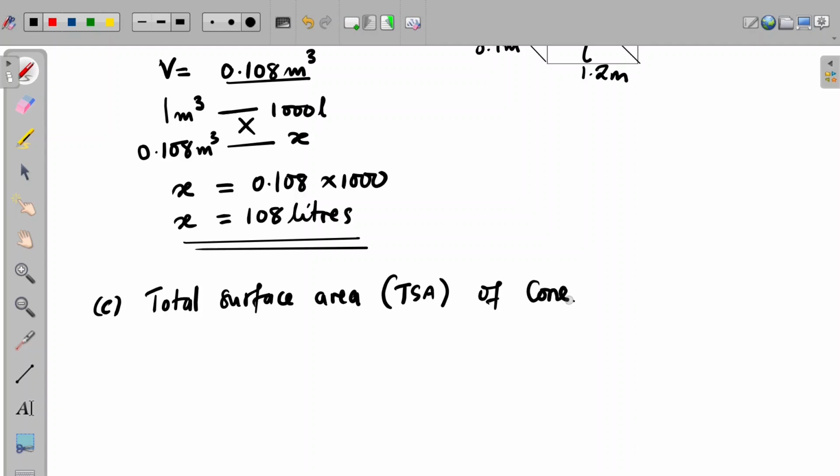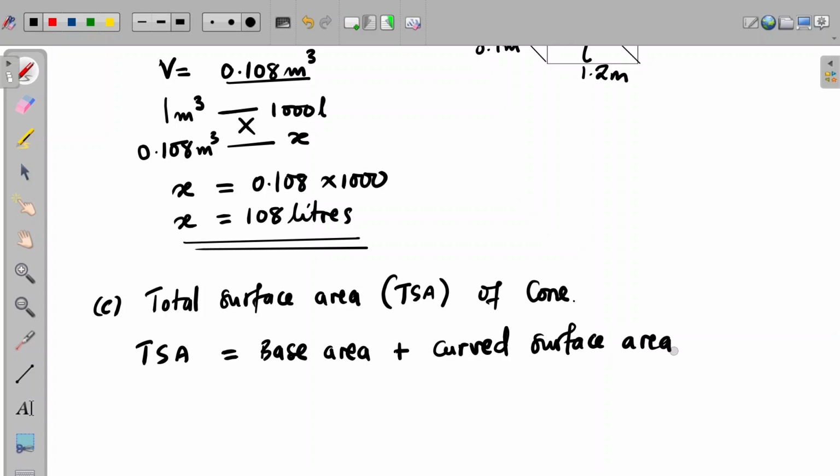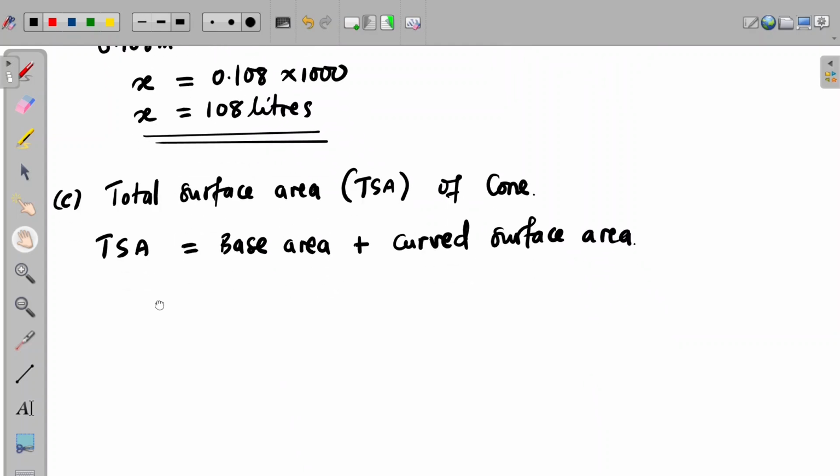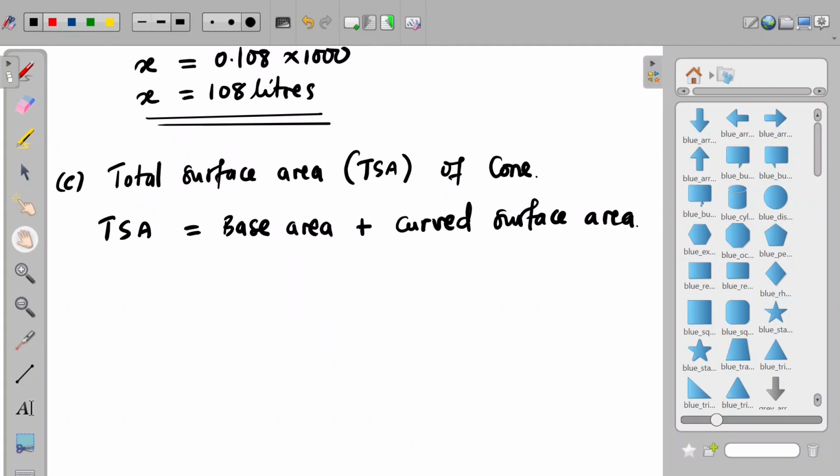So this one has a formula: total surface area of a cone is equal to base area plus what they call curved surface area. So this is our formula.